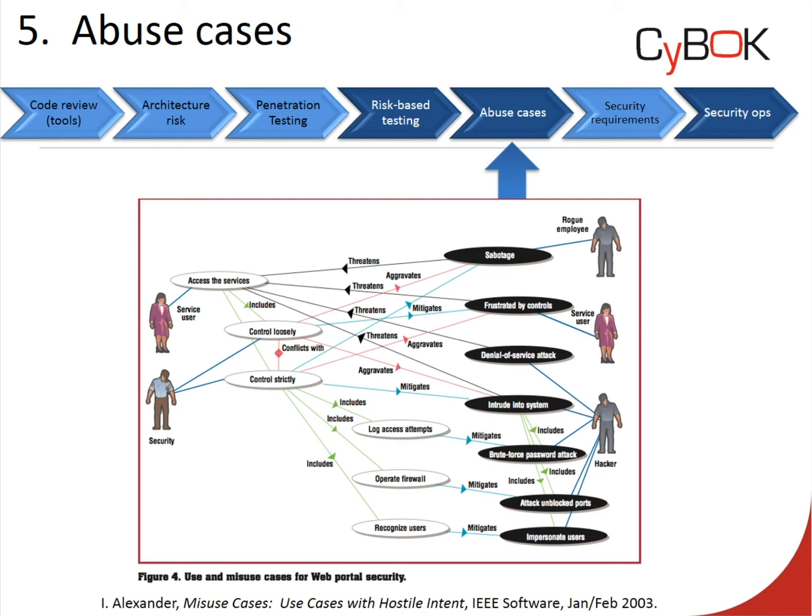Then you tie together the use cases and abuse cases, thinking about how this particular abuse case threatens one of the uses, and how we can mitigate that. What you're laying out here is who the bad guys are, what they want to do, and how we stop them from doing it, and plan that functionality in at the start of the process.